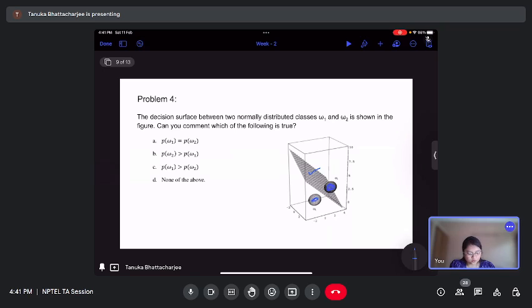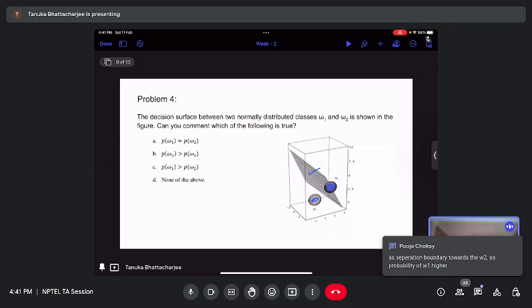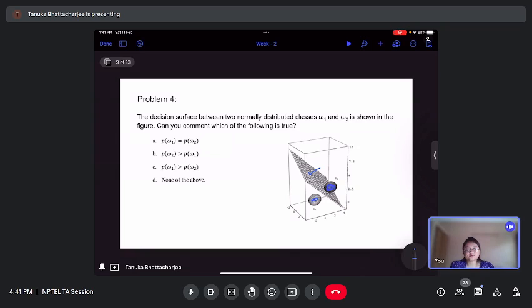So how you can tell this is, if both classes are equiprobable, then the decision surface should be midway between the two classes. It should be a bisector of the line joining the two means. But if your two classes are not equiprobable, then the decision surface will shift accordingly. The separation boundary shifts towards omega 2, yes, absolutely correct.